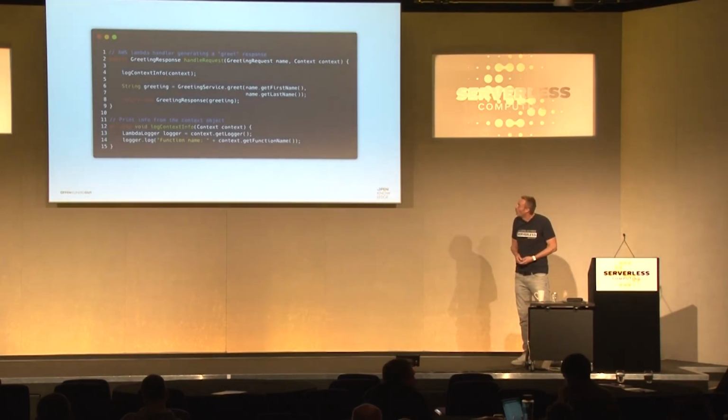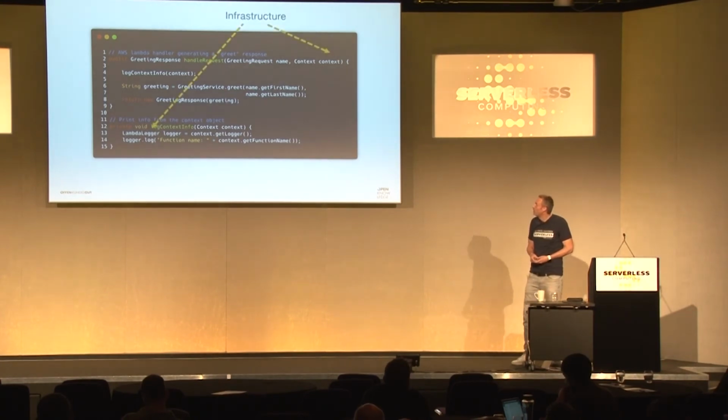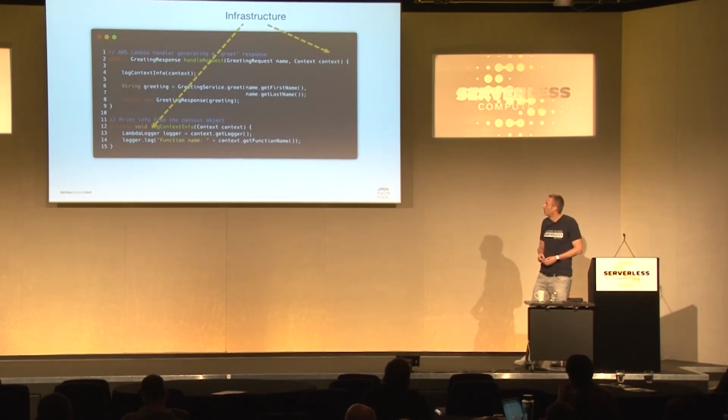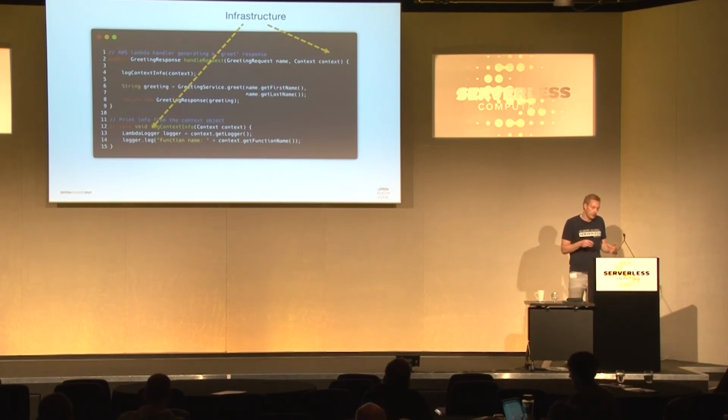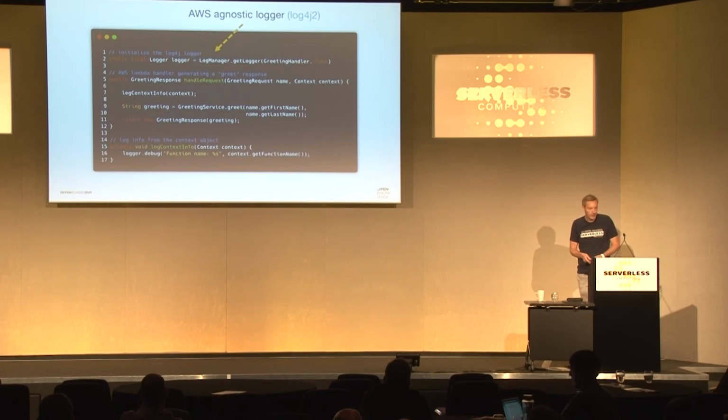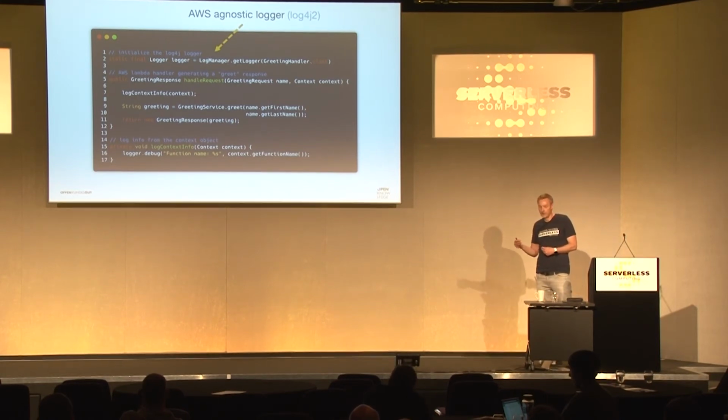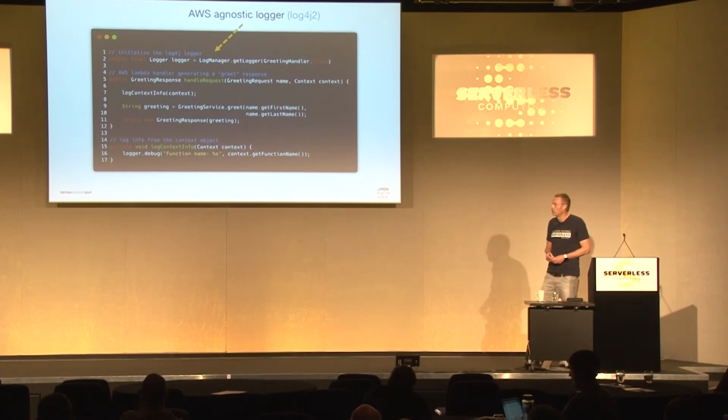The problem is that, again, we have these infrastructure components like the AWS context and the Lambda logger, which are not available on our local machine. There's no library for this that we can use locally. What we can do is, first, get rid of some of these infrastructure components by using cloud-agnostic infrastructure.